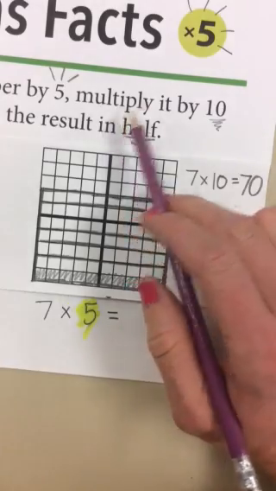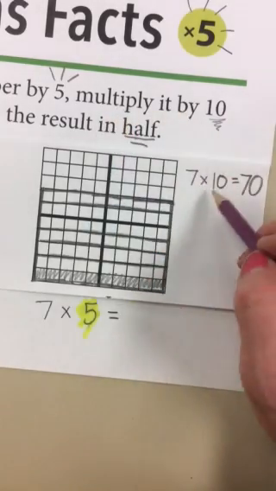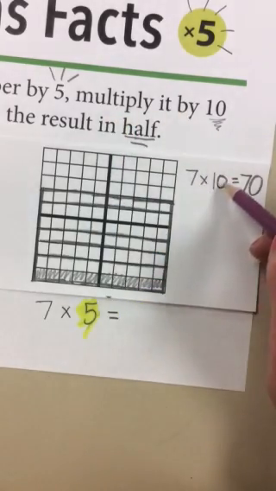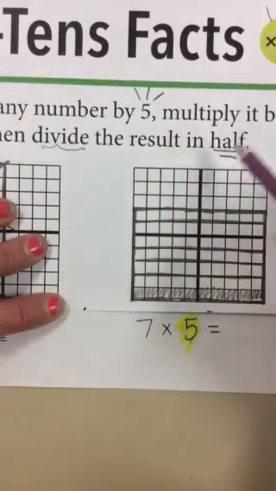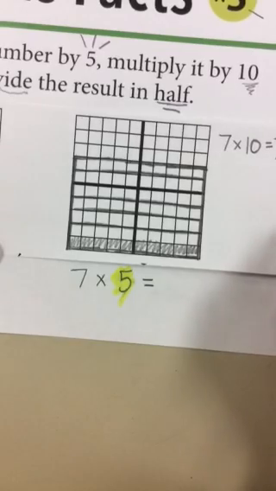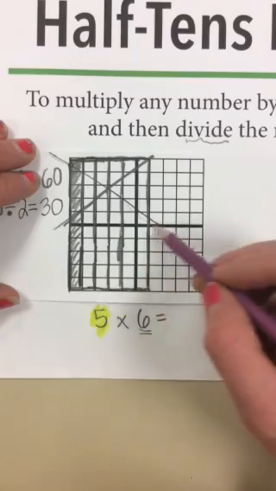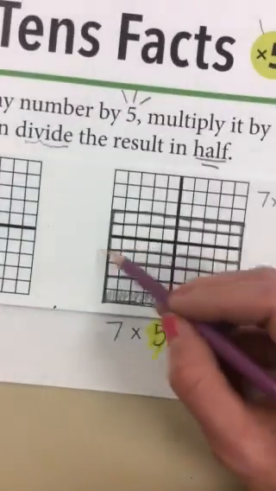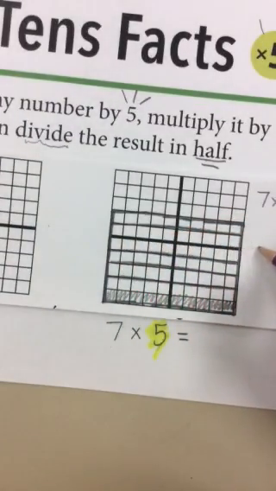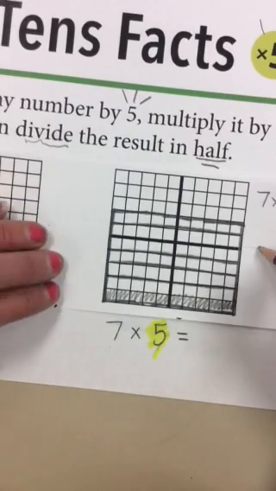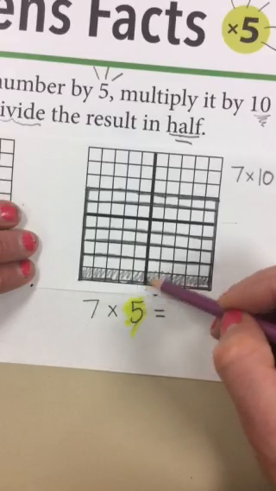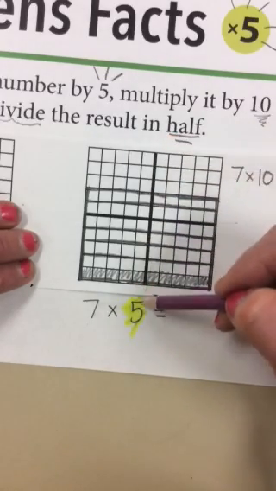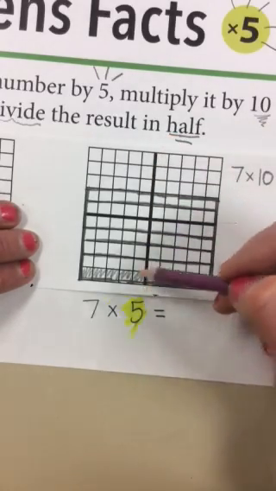But now remember, with this strategy, we bumped the 5 factor to a 10. But now what do we have to do? We have to divide the result in half. So now I'm going to X out half of it. So should I do the same as last time and use this solid line to cut it in half? Would this solid line cut ours in half this time? No! Because our 10 is here, and here we see this time that vertical solid line has chopped it in half.